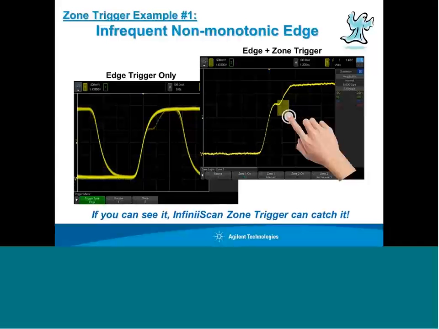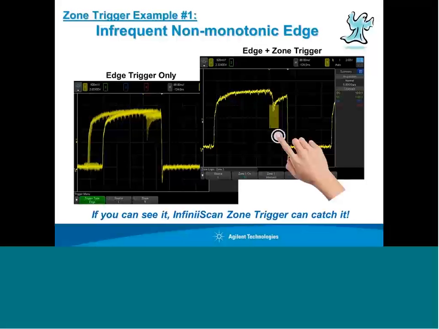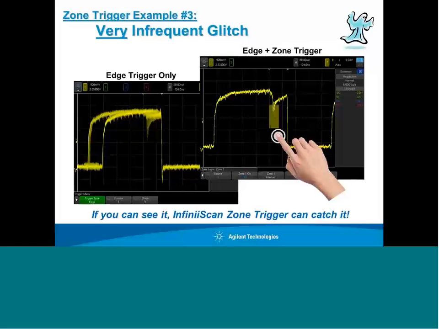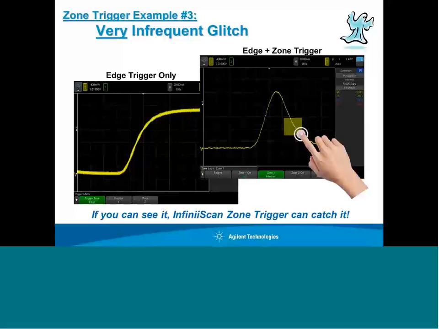So if you can see it, the scope's update rate shows you the signal problem, and zone trigger can catch it. Here we show the example of the metastable state. Again, draw a box in the area of just that metastable state or that infrequent glitch, and the scope locks in on it.